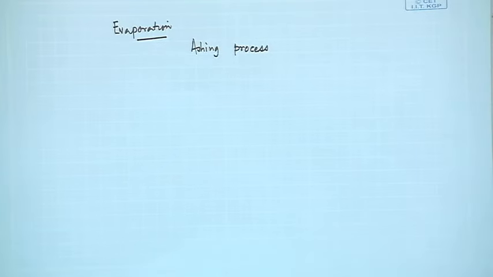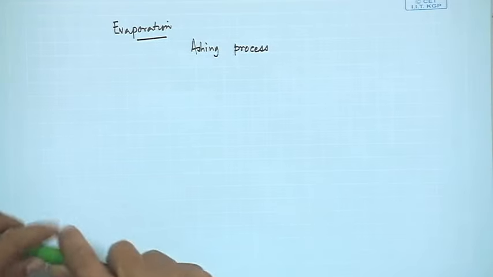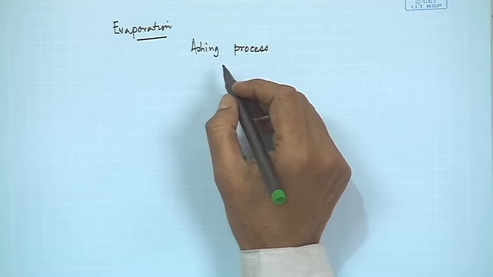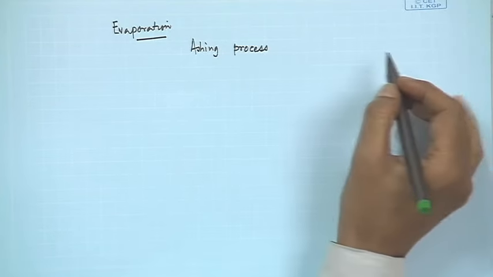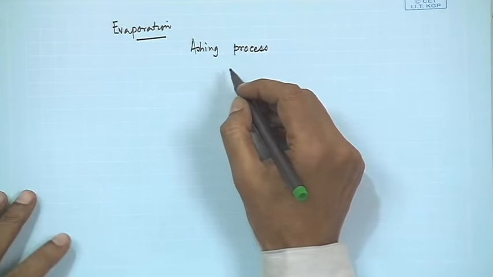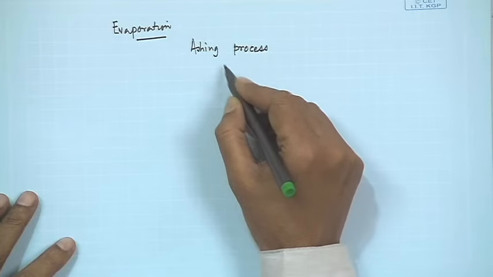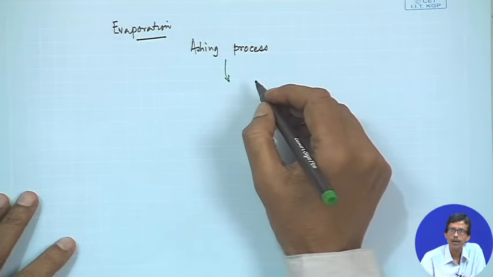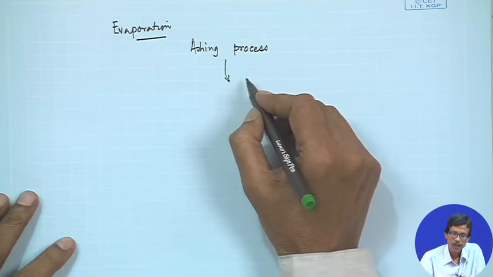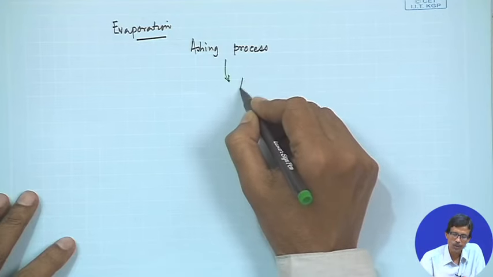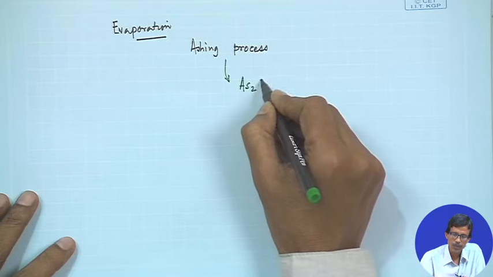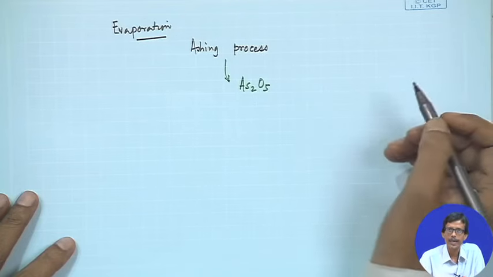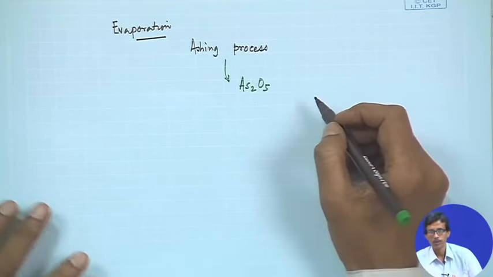This we have seen in one of our previous classes, where we were talking about the arsenic poisoning of the deer family, where we went for an ashing process which we termed as dry ashing, because whatever arsenic was present over there has been converted to arsenic pentoxide as the corresponding oxide on a crucible.